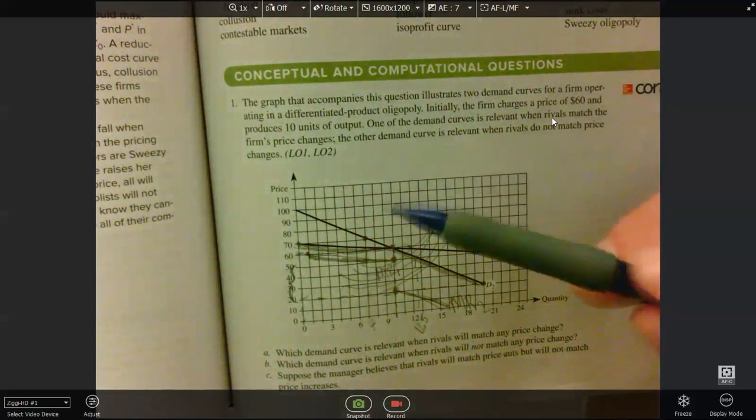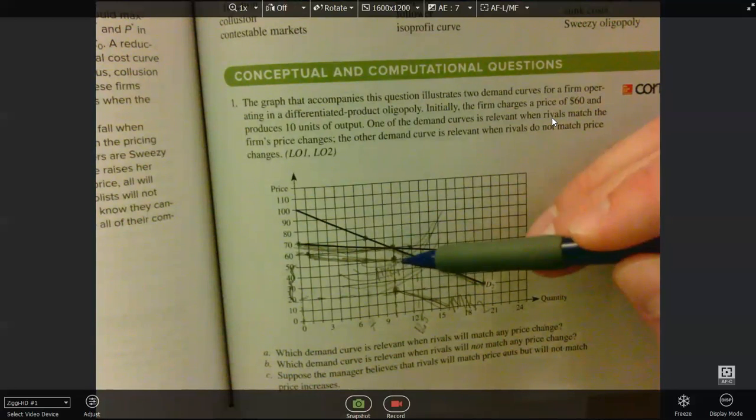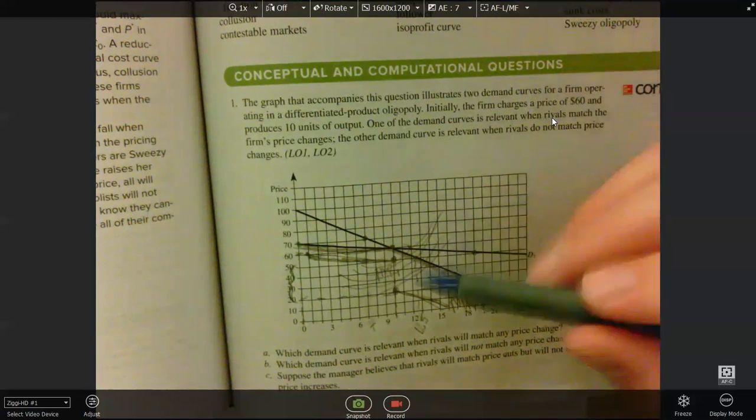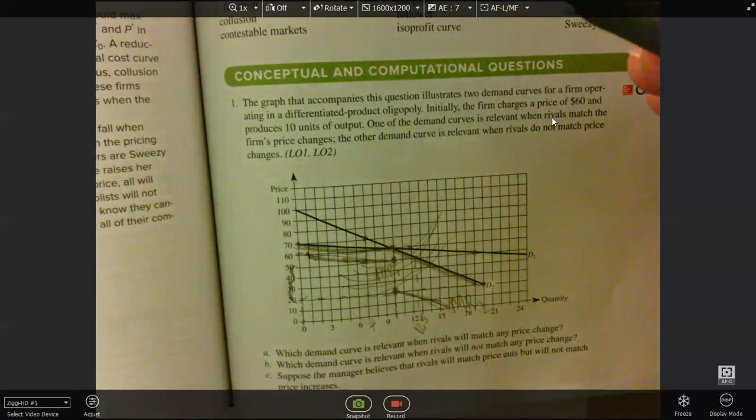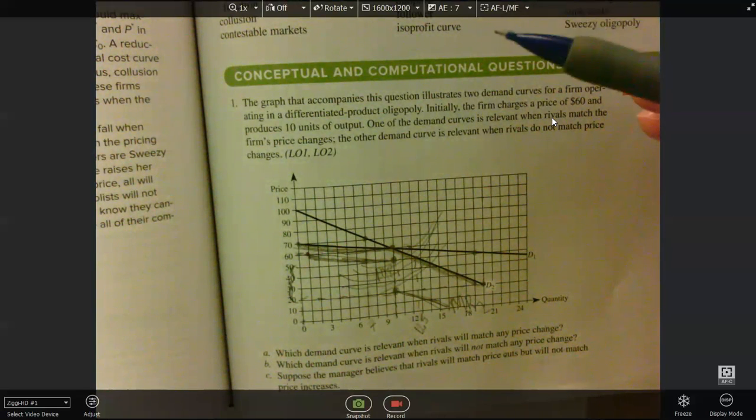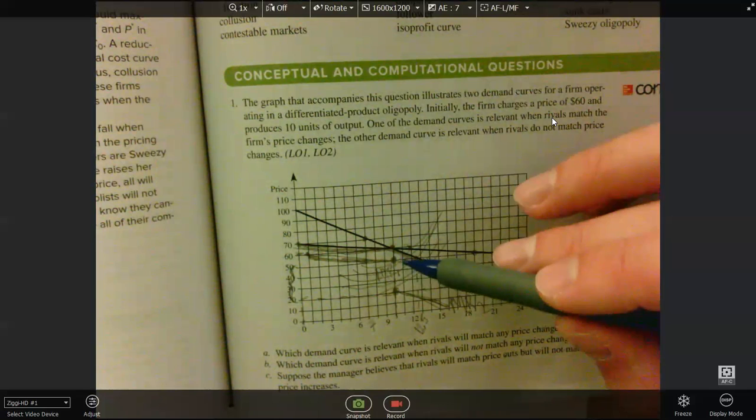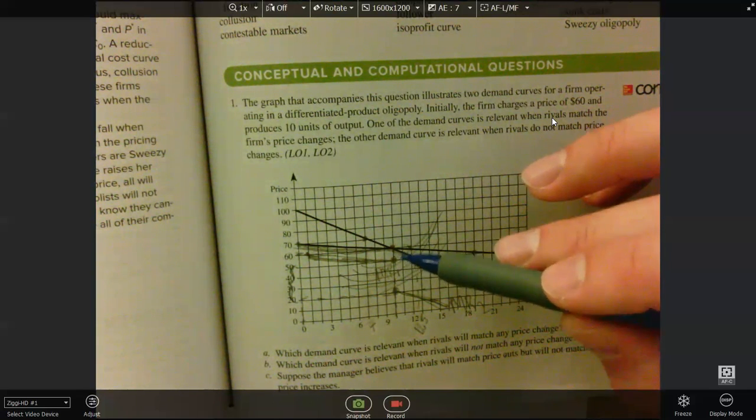So the marginal revenue curve always has twice the slope of the demand curve, and they always start at the same price.